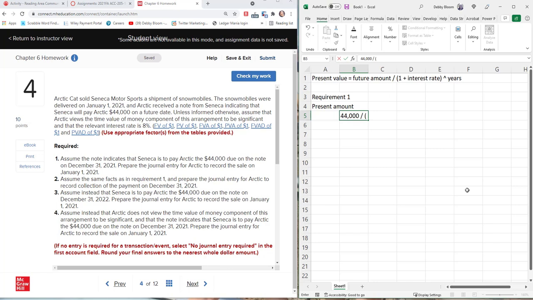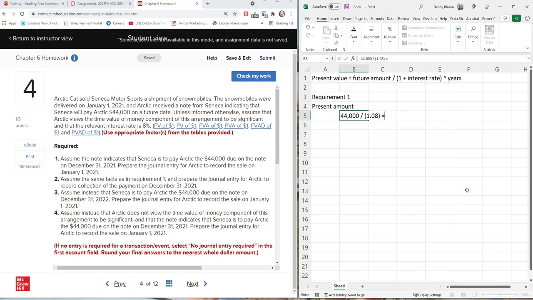8%. Now, 1 plus 8%, 8% is 0.08. So 1 plus 8% is 1.08. But I will show you that using Excel, I just put the parentheses on that just to identify the number.